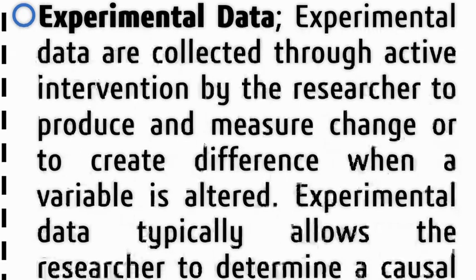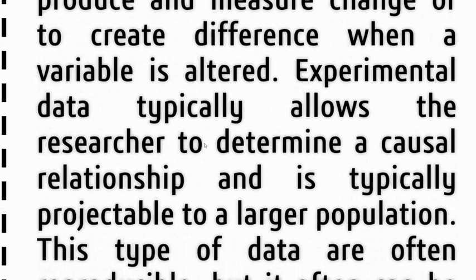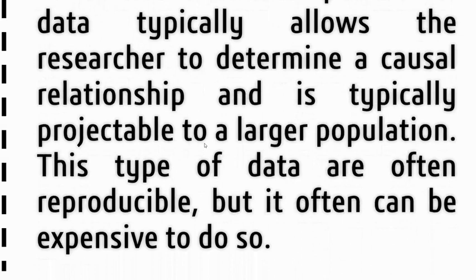So the experimental data typically allows the researcher to determine a causal relationship, or is typically projected to a larger population. This type of data are often reproducible, but it can be expensive to do so.